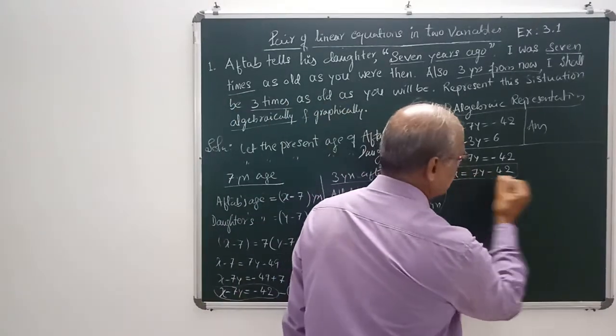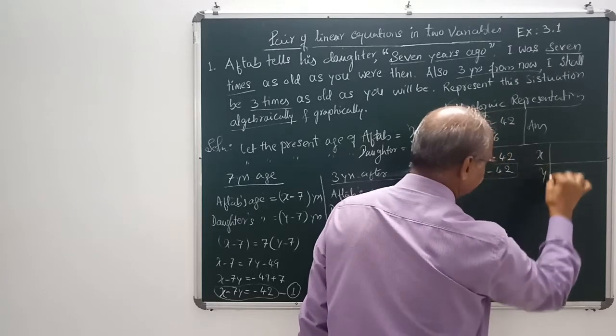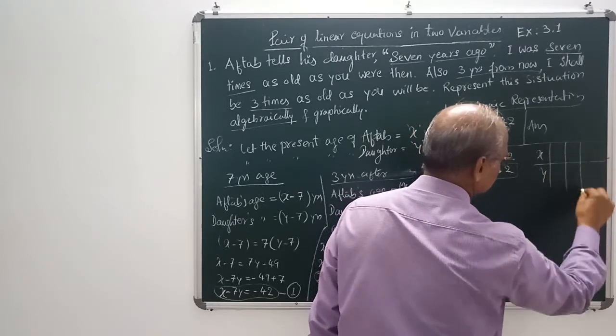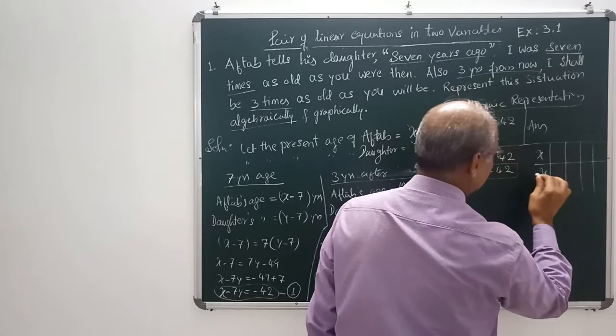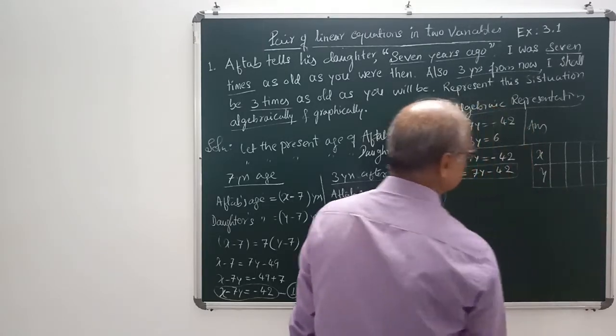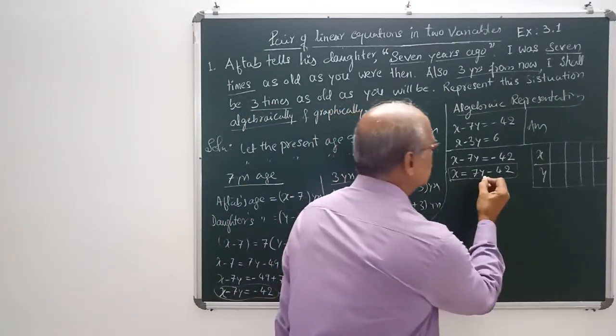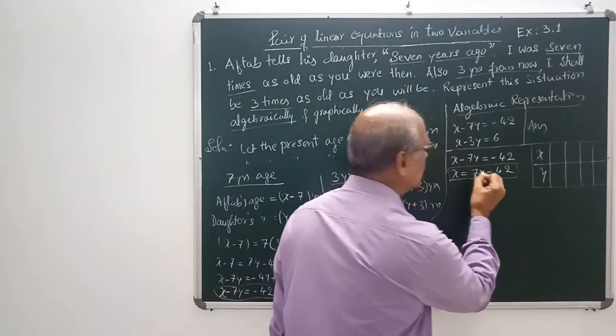Now, here is a table, right? x and y. What I do over here is, x is equal to is the equation, the subject is x over here. You have to assume the y value.